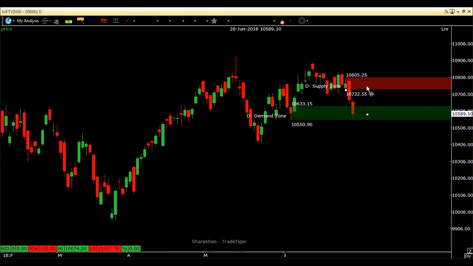This is how we dynamically monitor the demand and supply zones as new levels of demand and supply keep getting formed on charts. Levels do get violated, and we need to look for new levels.